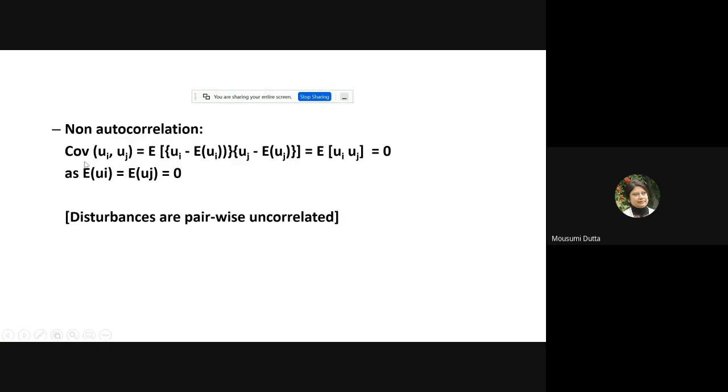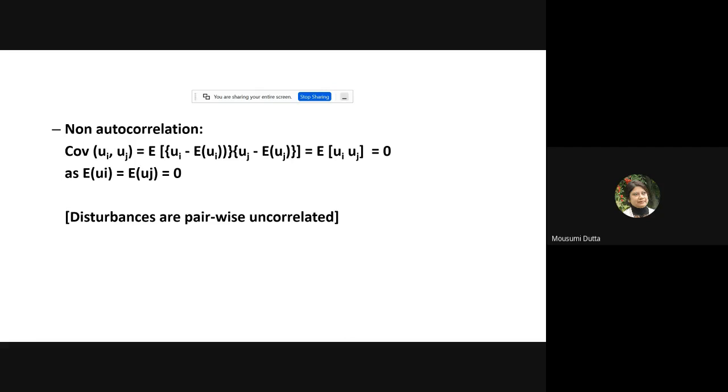I'm considering the covariance between Ui and Uj. That is a relation between two errors, Ui and Uj. Both i and j are running from 1 to n. However, i is not equal to j.